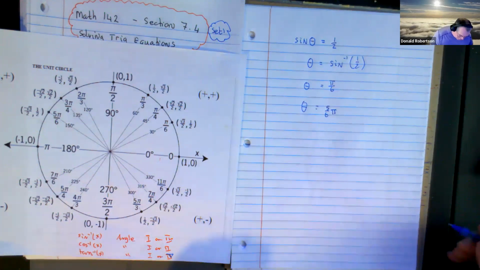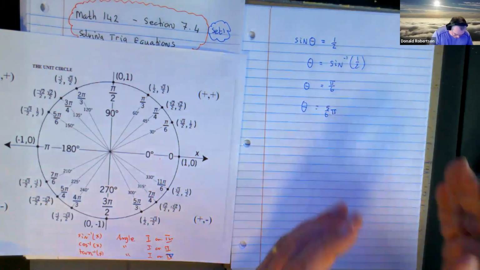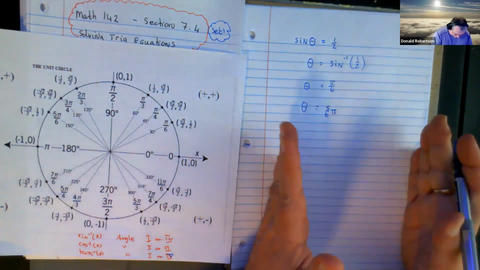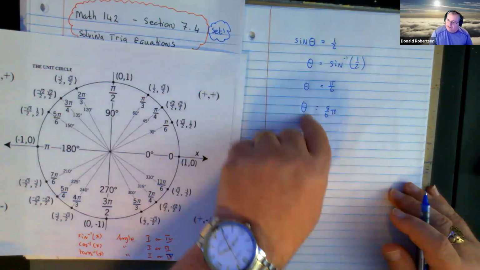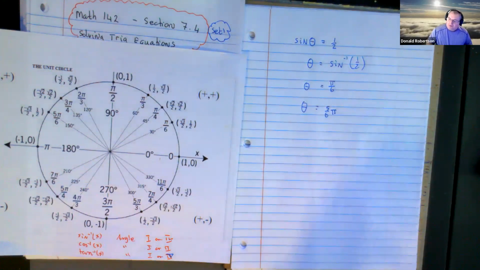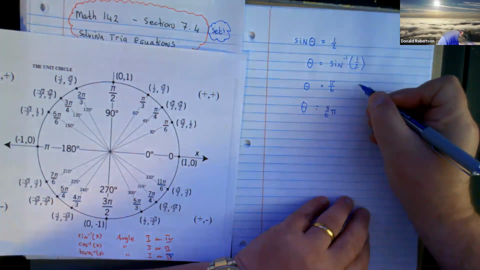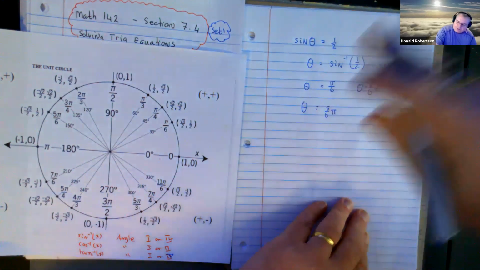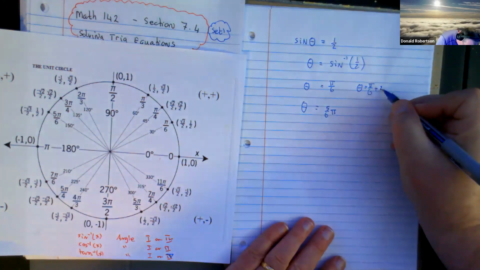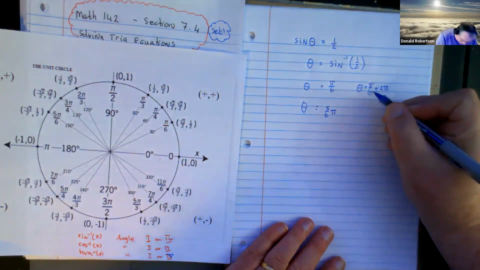And as long as you're only going to do a solution in a fixed range, like only angles from 0 to 2 pi, that would be the solution. But if you allow theta to be any number, wouldn't pi upon 6 plus going round the entire circle once, so adding 2 pi, also work?